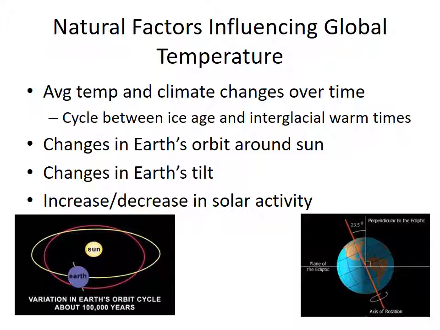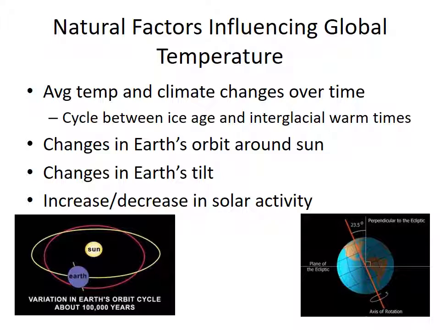An interglacial warm period. We're between glacial times. There have been scientists that have suggested we should be entering into the next ice age, but we're not. Whether they are wrong in their prediction or it's simply too warm for that to happen, we're not sure.